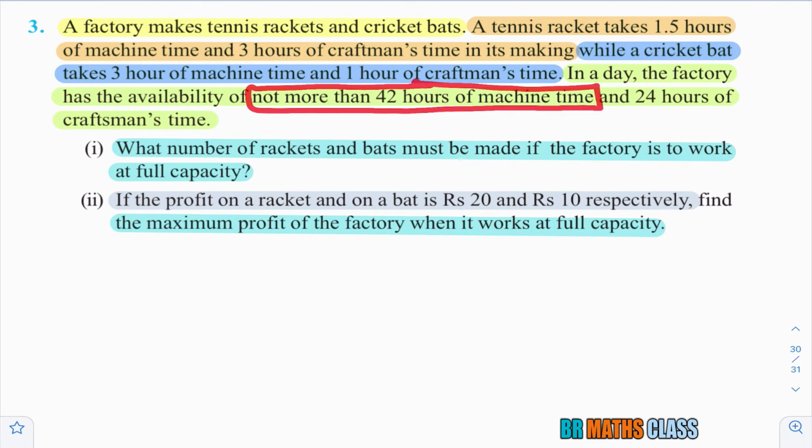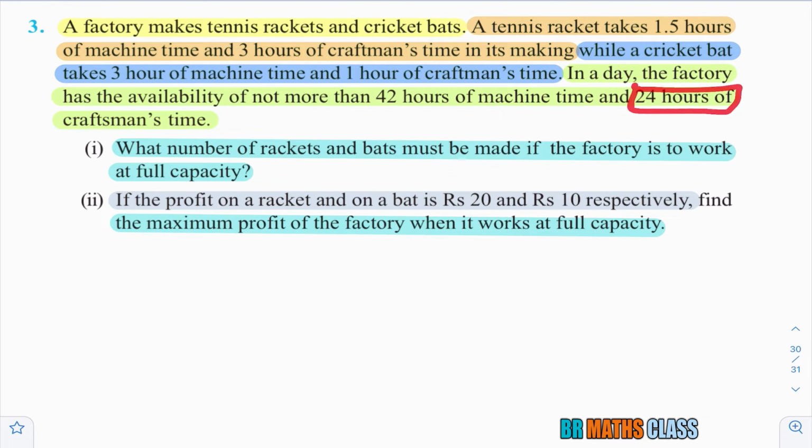In a day, the machines will be available for 42 hours. It may be 2 machines or 3 machines, like that. Many machines are there. So in a day, not more than 42 hours of machine time is available and 24 hours of craftsman's time.